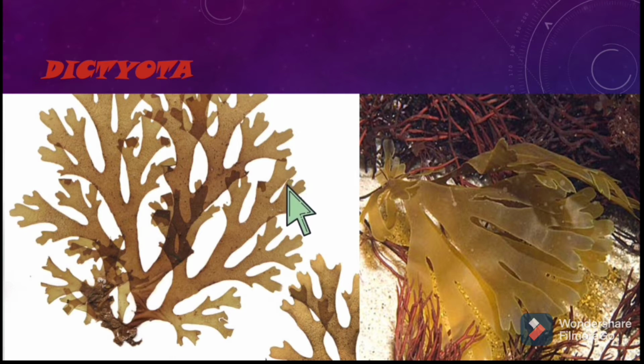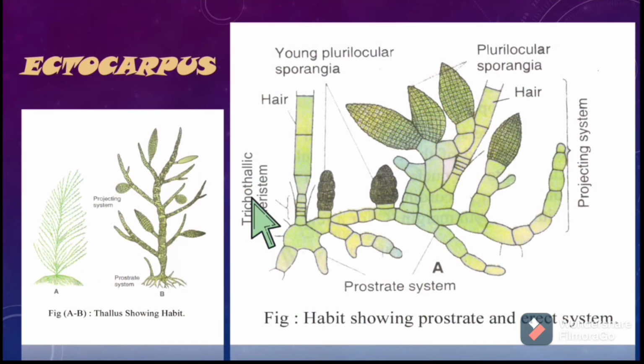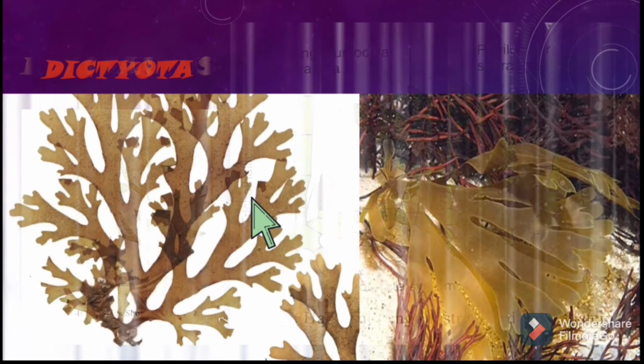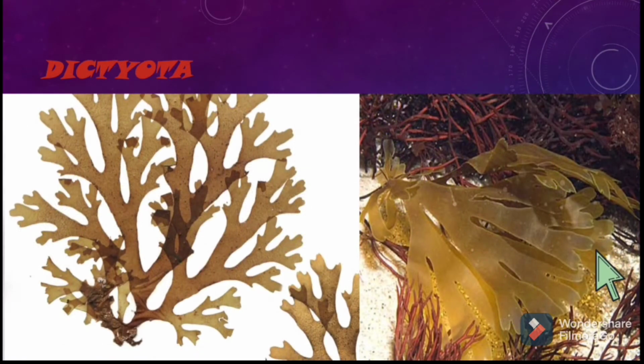This upper portion, which is dichotomously branched and also flattened, is referred to as the frond. And the cylindrical portion, as you can see here, is attached to the substratum by means of a tuft of rhizoids.